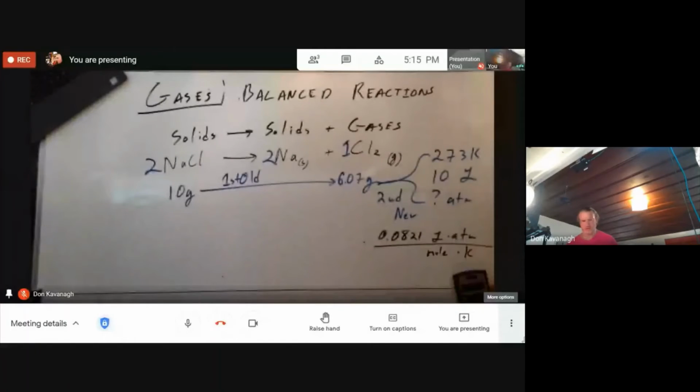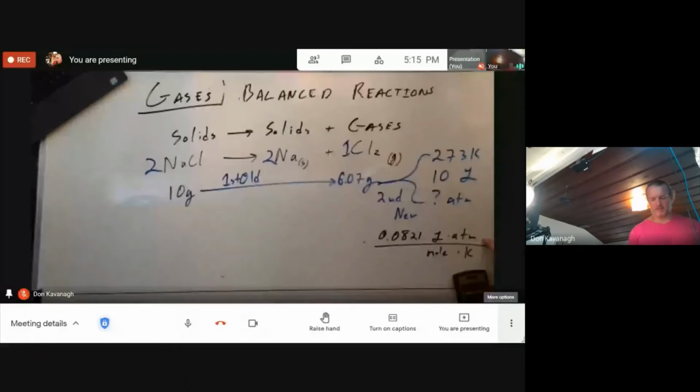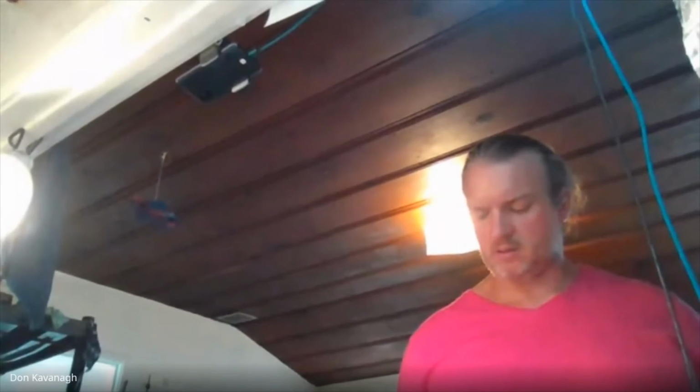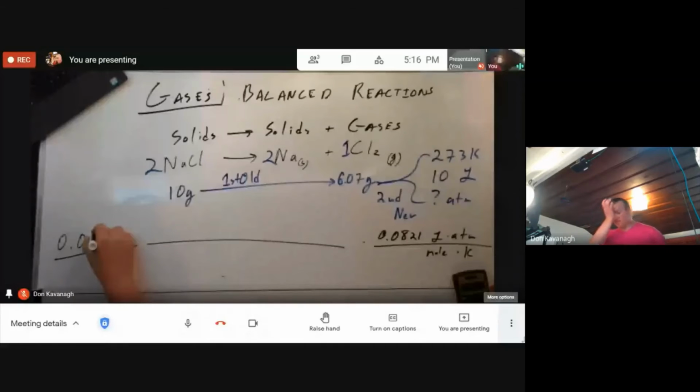So when I start my scaffold, I'm going to make sure that I have pressure in the numerator using my ideal gas constant. I have pressure in the numerator, so now I just have to cancel out everything else here.